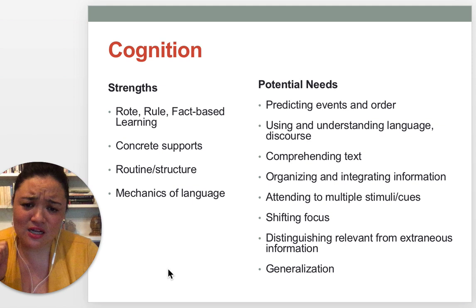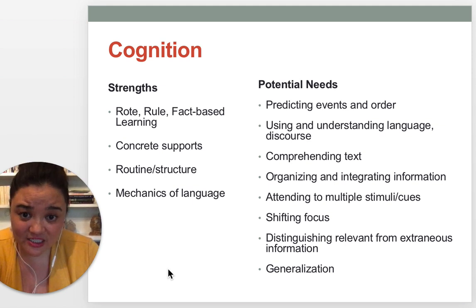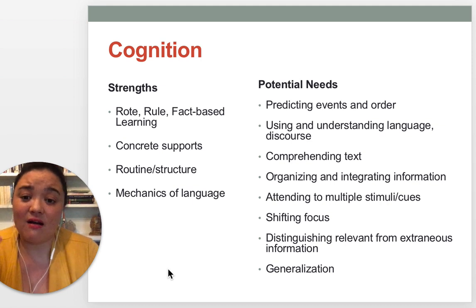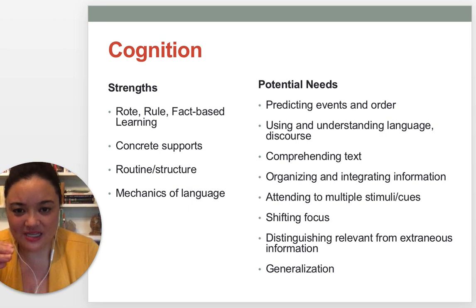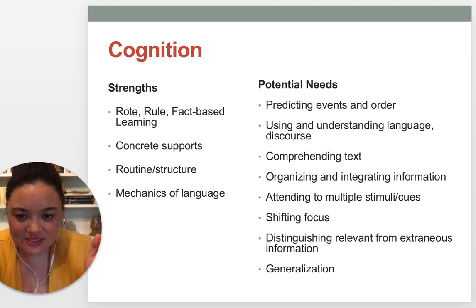Right. Let's talk about potential needs that, again, are not a diagnostic characteristic, but are common to a lot of individuals with autism. So I oftentimes think about potential needs for this group as a camera, right? Where their strengths are really, like their camera is really zoomed in, right?